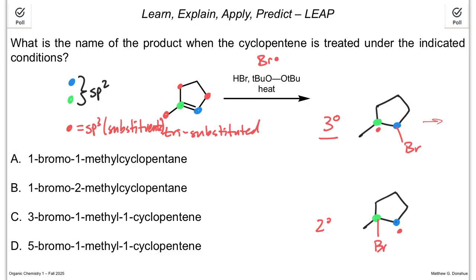So that's going to lead to the major product. And so what name do you think corresponds to that major product? So choice B, 1-bromo 2-methyl cyclopentane.